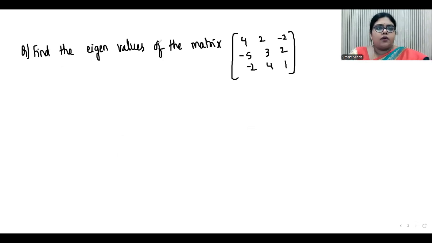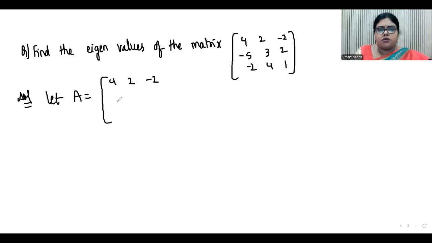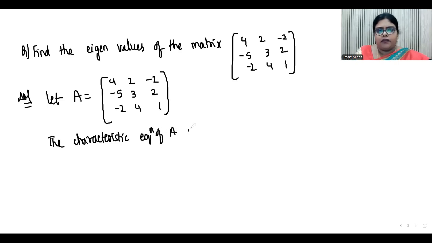Now let us take a question. We'll see how to find the eigenvalues of the matrix. So first let us write the given matrix. So let A is equal to [4, 2, -2; -5, 3, 2; -2, 4, 1]. Now, the characteristic equation of A. How to find out the characteristic equation of A?